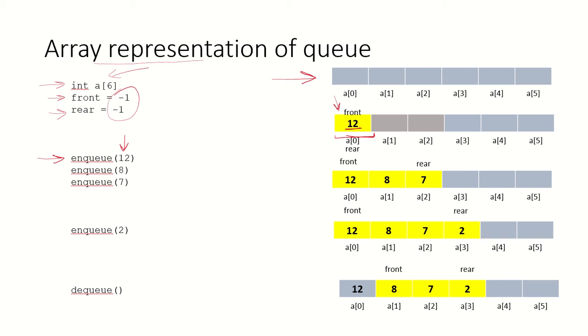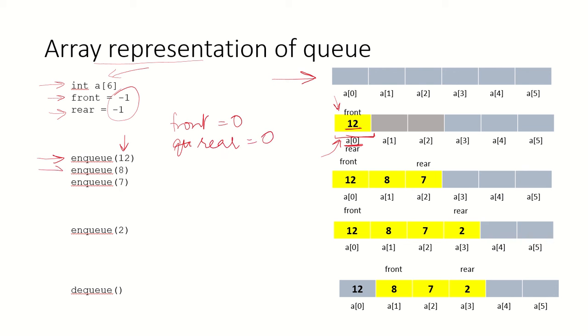So front is pointing to A0, and since this is the last element also, rear is also pointing to this particular element. So when there is only one element, front and rear both have the value 0.